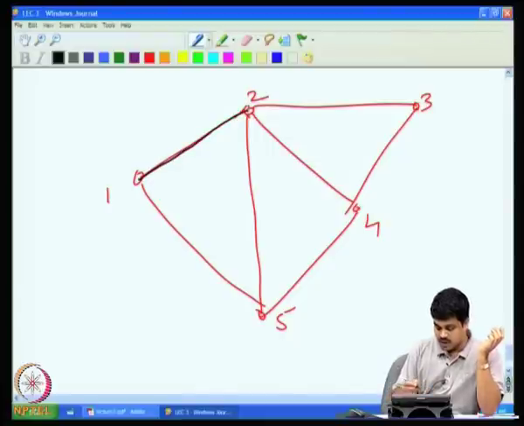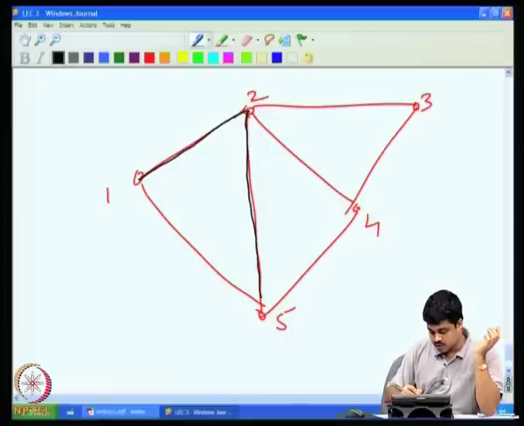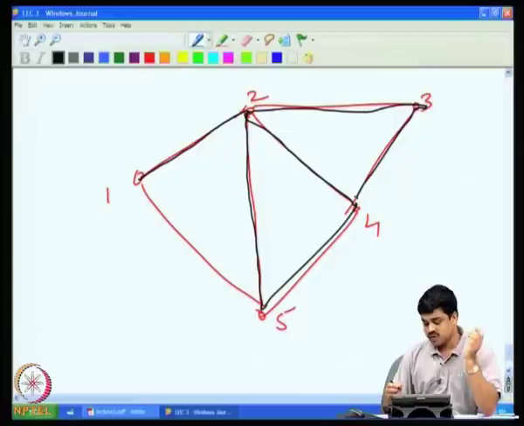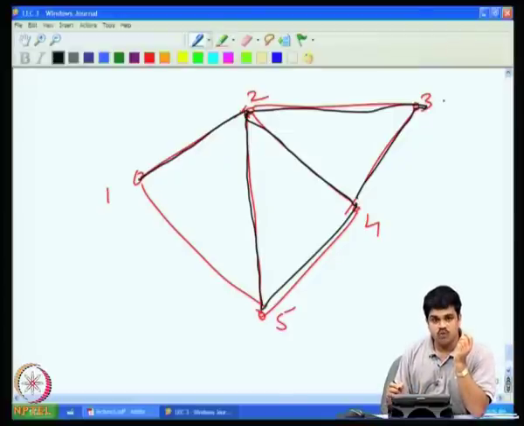We travel like this, reach from this city to this city, and then we take another road, and then another road. Our intention is to traverse each road exactly once. That means we have to go through each road once, but only once. We should not reuse the road.